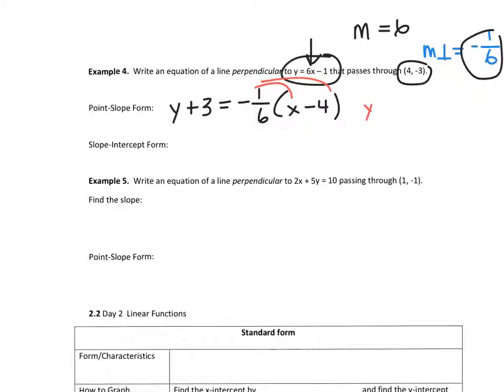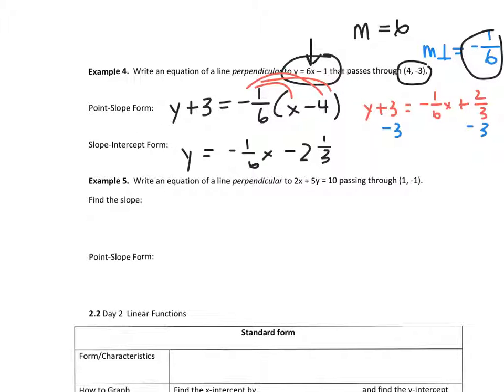It's y plus 3 equals negative 1/6 x, and this will be plus 4/6. 4/6 is 2/3. Then I'm going to subtract 3. So my answer is going to be y equals negative 1/6 x, and 2/3 minus 3 is negative 2 1/3.